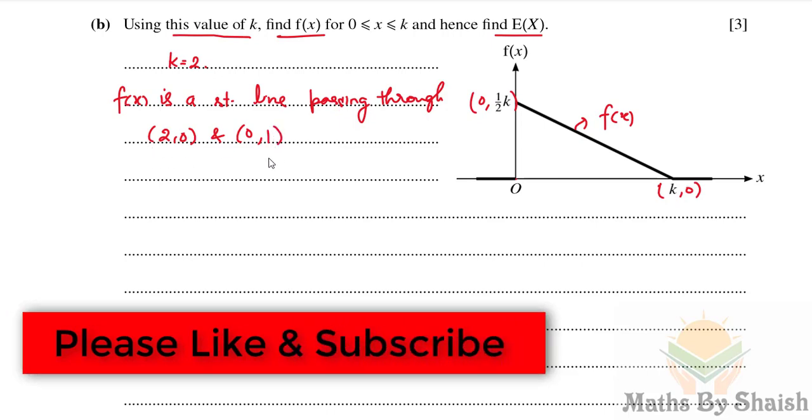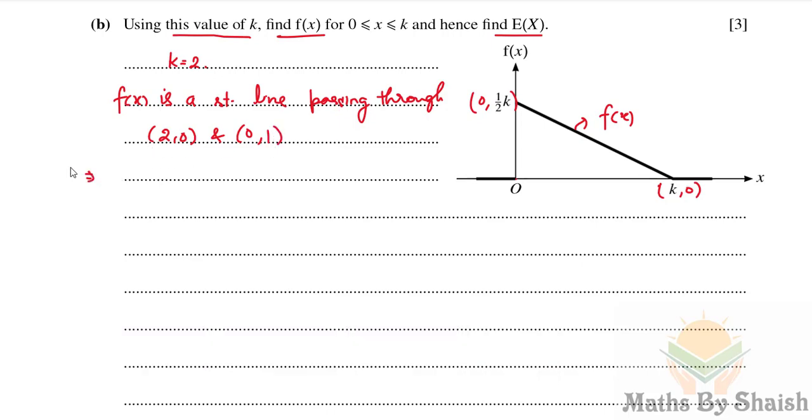So for the equation of the line, we take f(x) as y. So y minus y1, with y1 as 0, equals (y2 minus y1) over (x2 minus x1), that is (1 minus 0) over (0 minus 2), times (x minus x1), where x1 is 2.